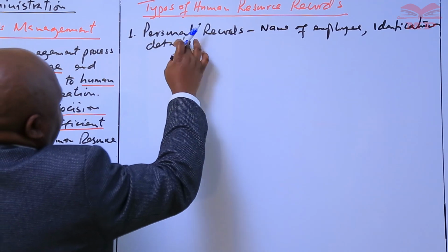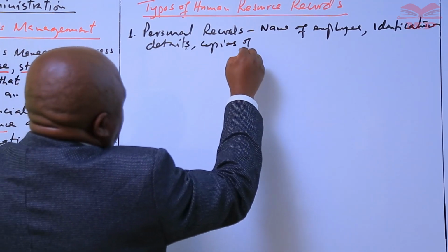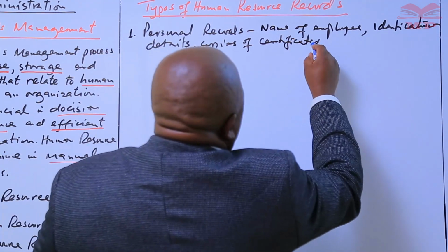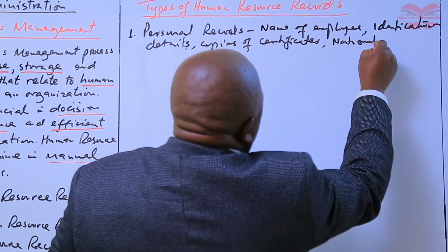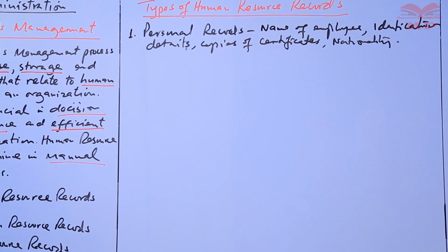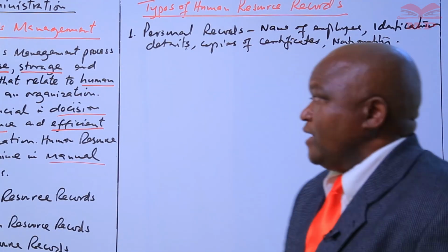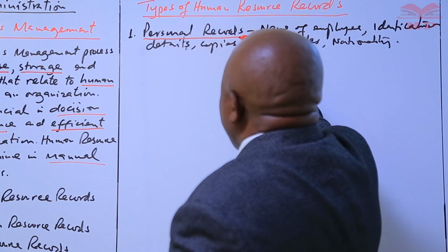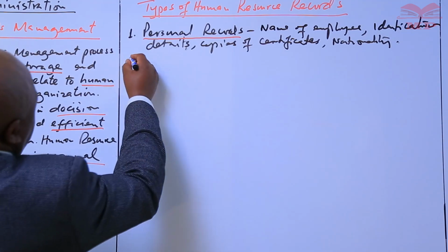You may also have copies of certificates, issues to do with nationality, among others. So when it comes to personal records, some of the personal records you may have may relate to these aspects.